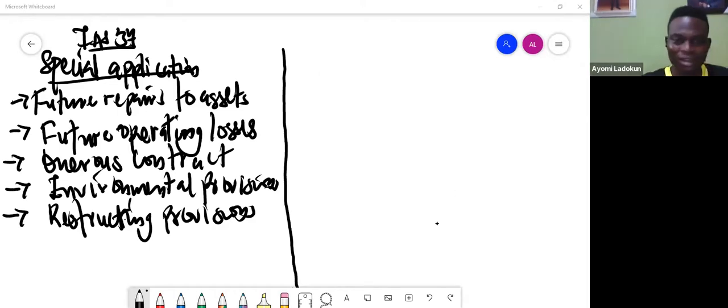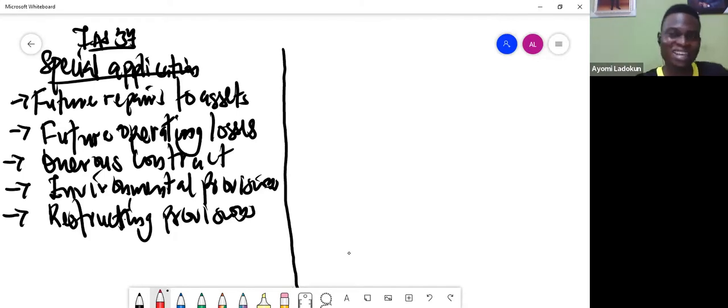Okay. So let's see. What's the meaning of future repairs to assets? It is in your company's policy that every 6 months you must repair all your air conditioners or whatever. Whether they are bad or not, they are still working well, you must repair them, or you must service your official car every 6 months.